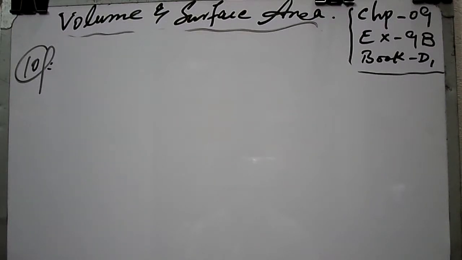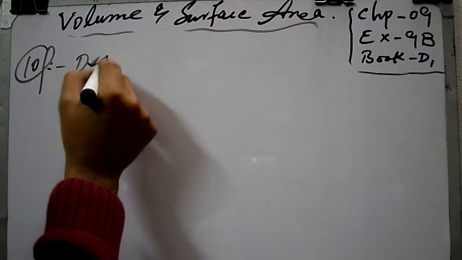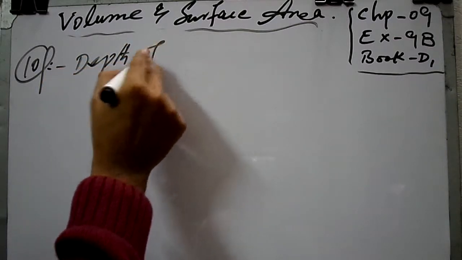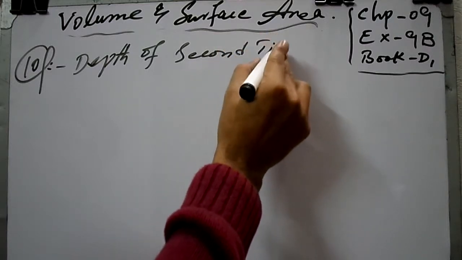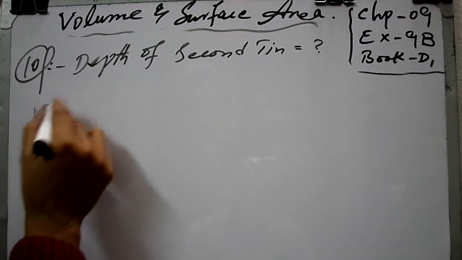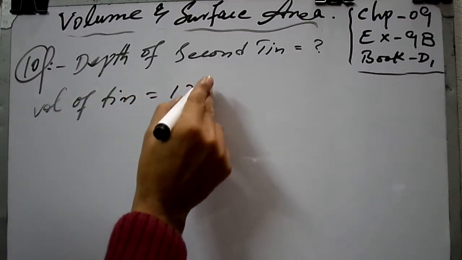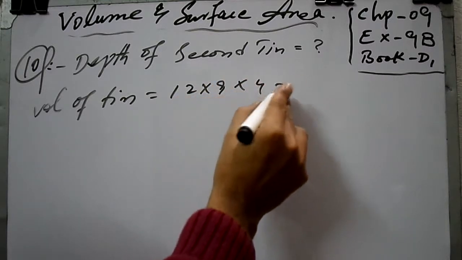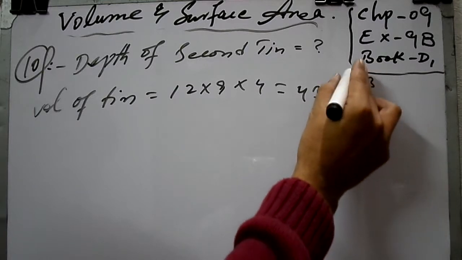First of all, we have to find the depth of the second tin. So volume of tin is 12 into 9 into 4, that is 432 centimeter cube.